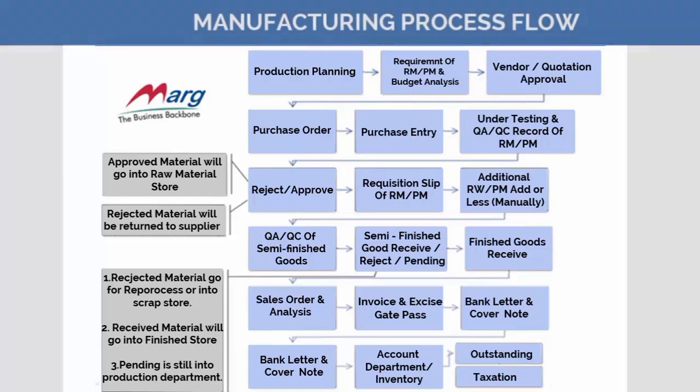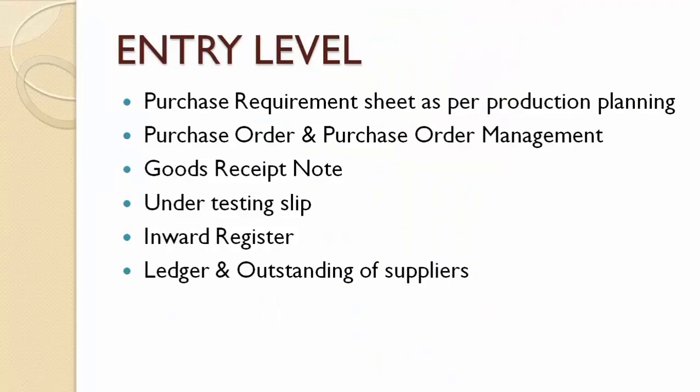Now let's understand what is required at what process and at what level. At entry level we need: purchase requirement sheet as per production planning, purchase order and purchase order management, goods receipt note, under testing slip, inward register and ledger, and outstanding of suppliers.